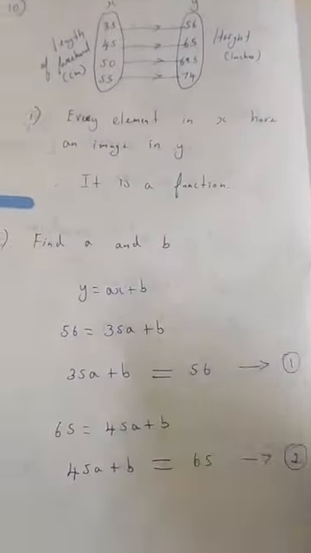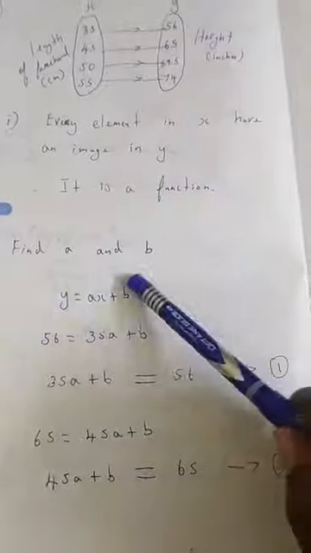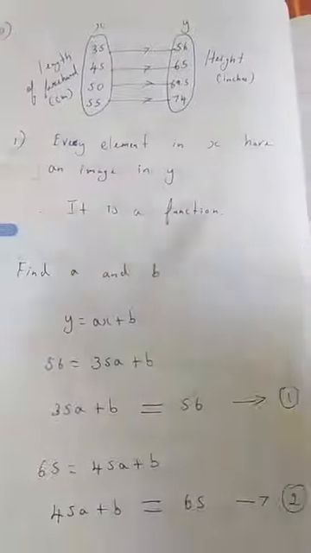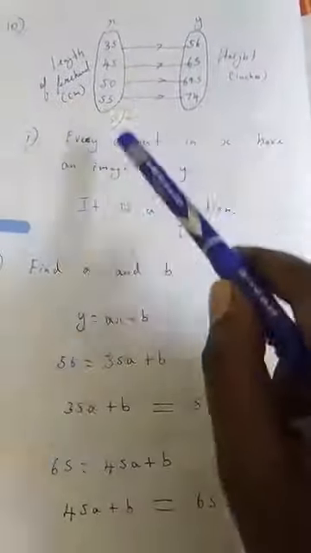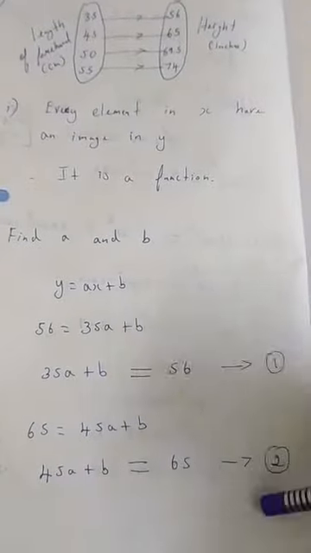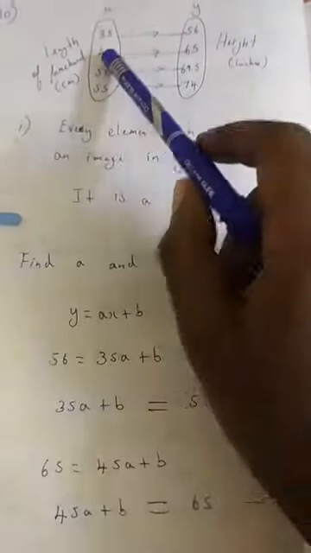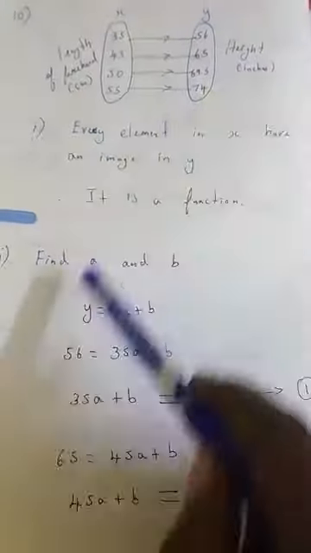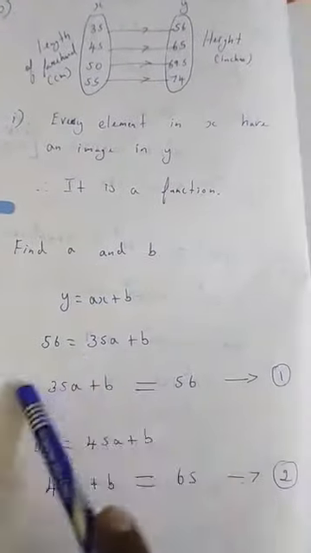So very simple. We have to find a and b. We have one equation, y is equal to ax plus b. We have x and y values. Let's take any 2 x and y values. I'll take the first xy values and second xy values and substitute in this equation to get 2 new equations. I take the first one, 35 and 56, substitute in the place of x and y, and find one equation.